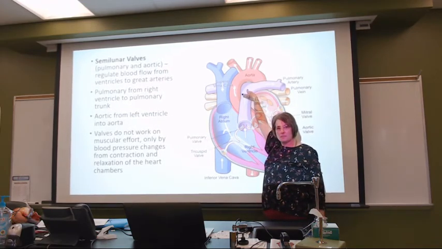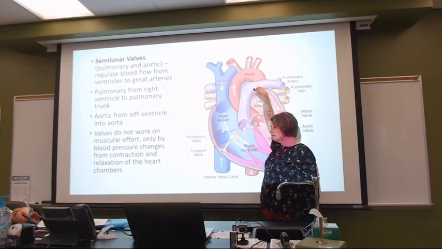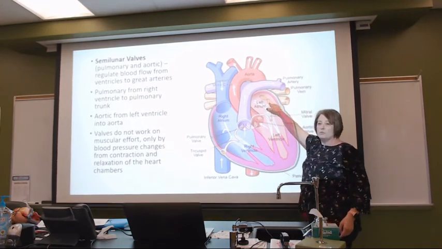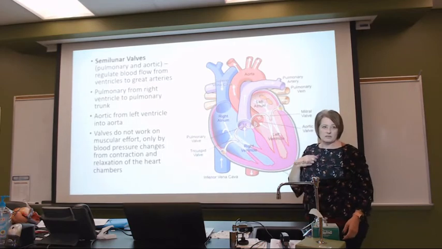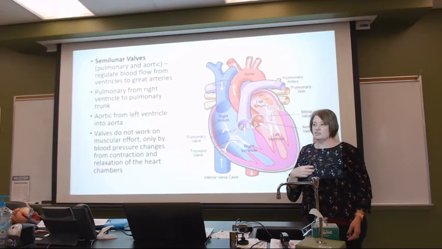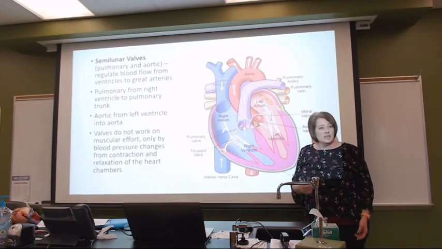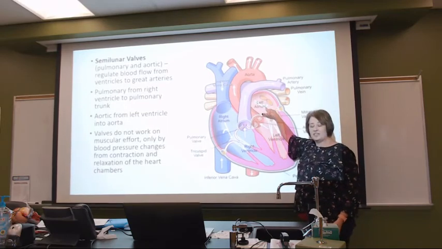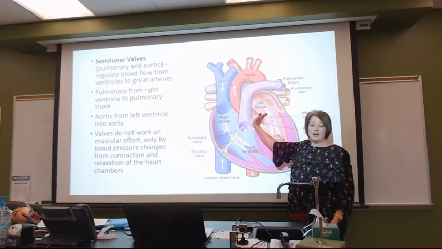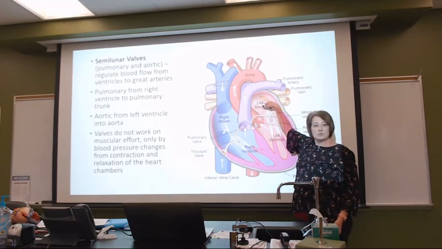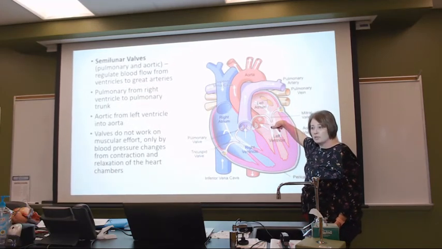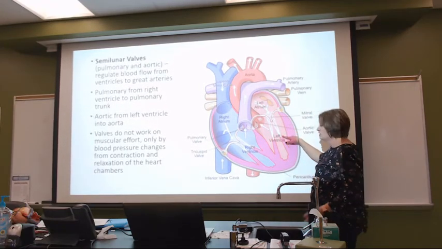Does that make sense? From the lungs, it comes back. Once again, it just simply flows into my left atria. While that valve is closed, pressure will build up. It'll let the blood flow down into the ventricle.